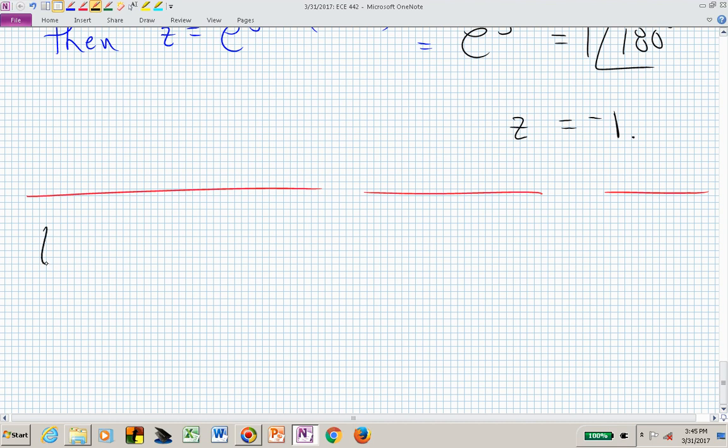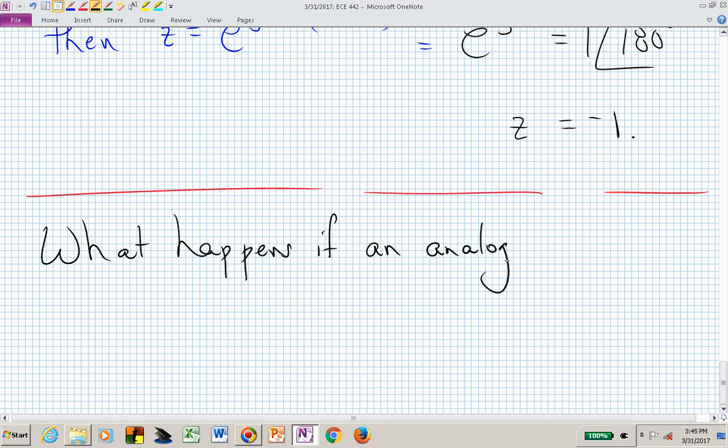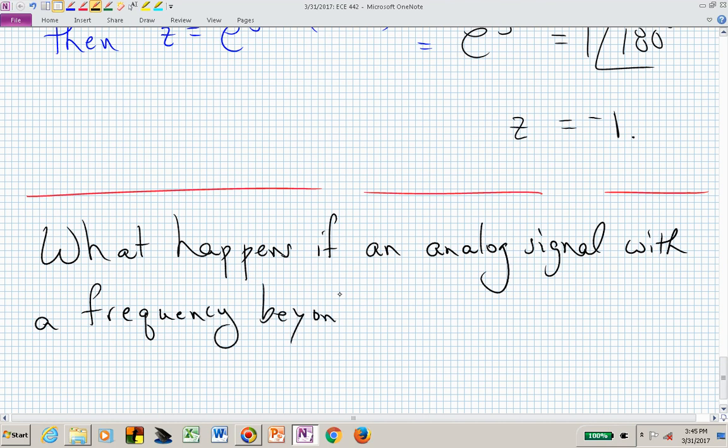Let's now address the question: what happens if an analog signal with a frequency above the Nyquist frequency, which is 1/2 the sampling frequency, is sampled at omega sub s?